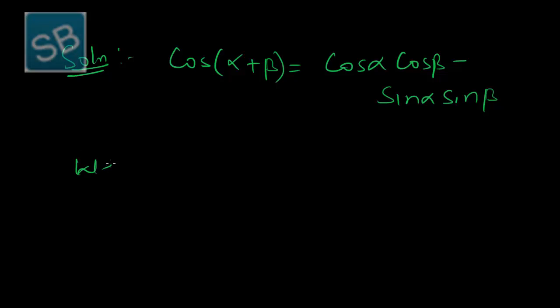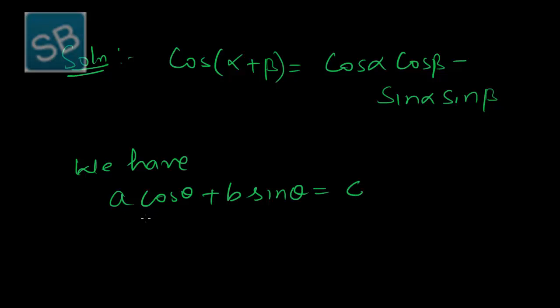We have a cos theta plus b sin theta is equal to c. Now squaring on both sides. There will be no common factor out of a square and b square.